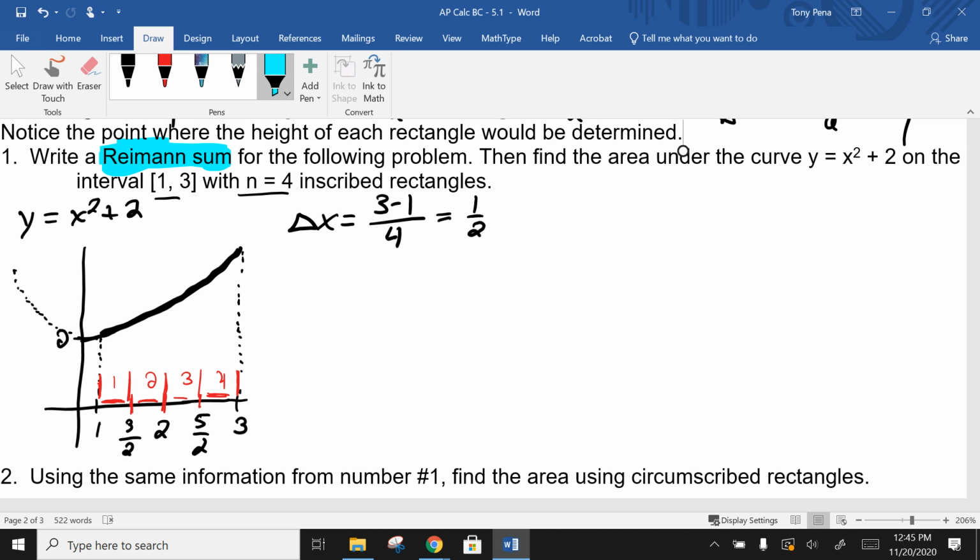Real quick, just to make sure we understood what we did just above here. Draw in now 4 inscribed rectangles. Now draw those 4 rectangles in, make sure they are all inscribed.